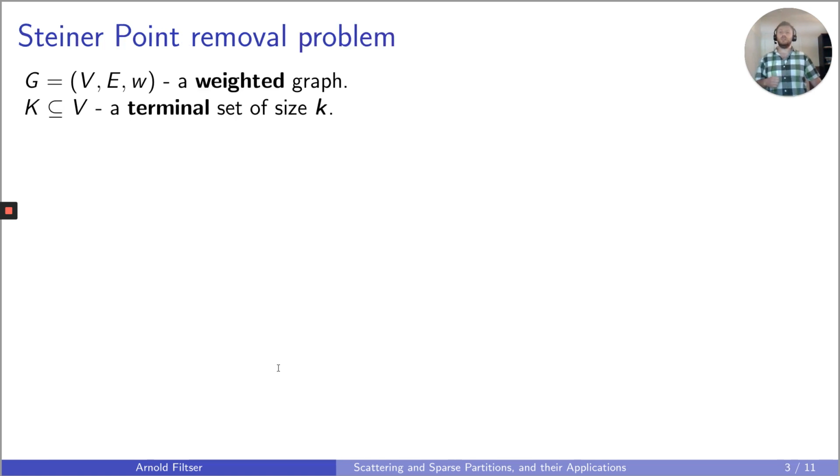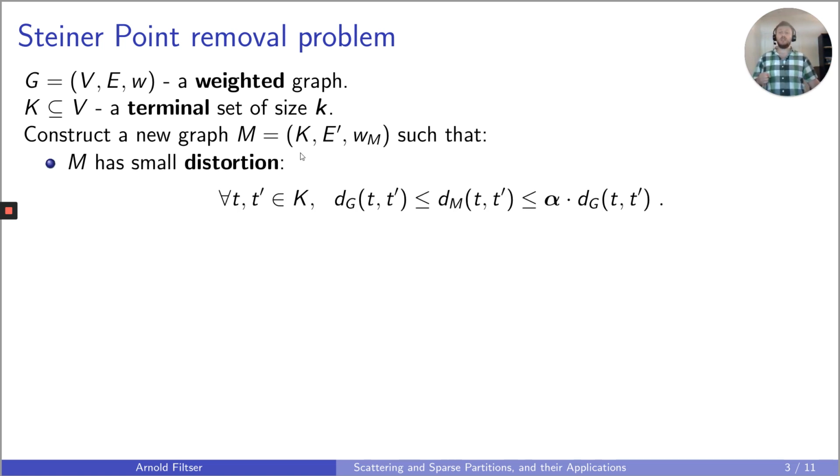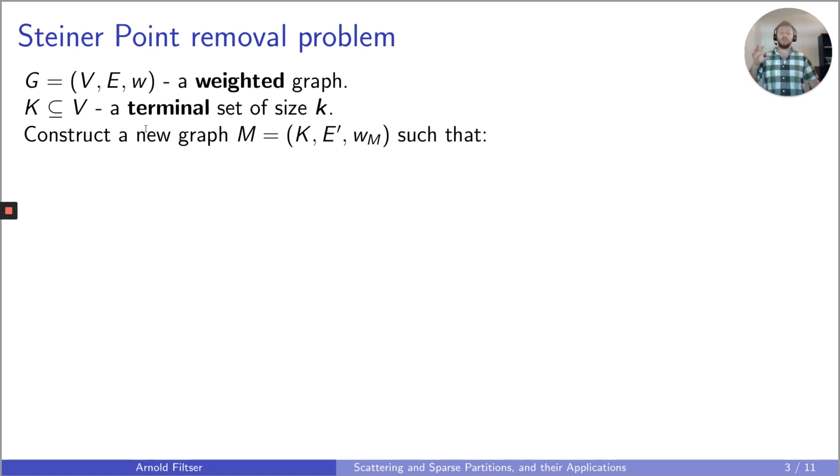The next application I want to talk about is the Steiner point removal problem. Here we're given some weighted graph G, and we have some subset of terminals K of size k. This is fixed. Now the goal is to construct a new graph M with only the terminals as its vertex set, such that it preserves the properties of the original graph in the two following manners.